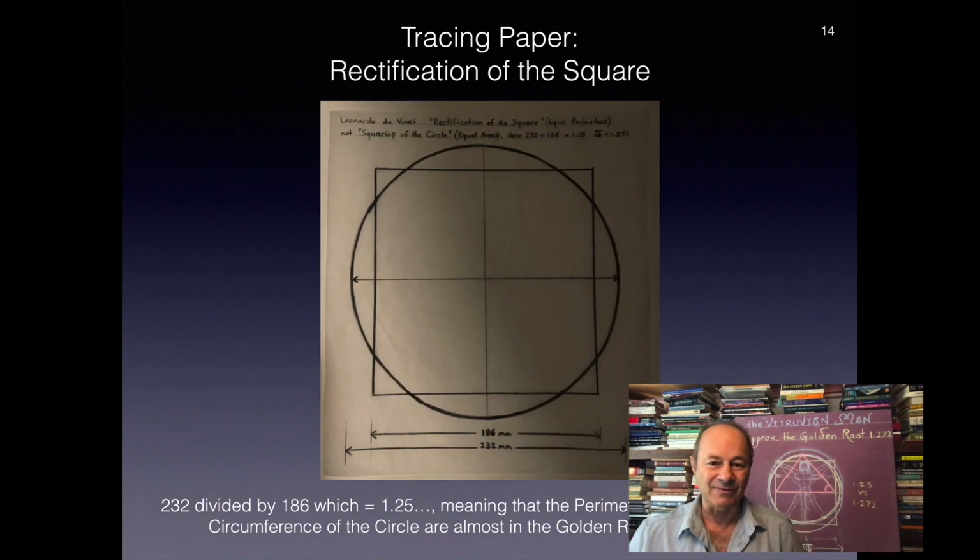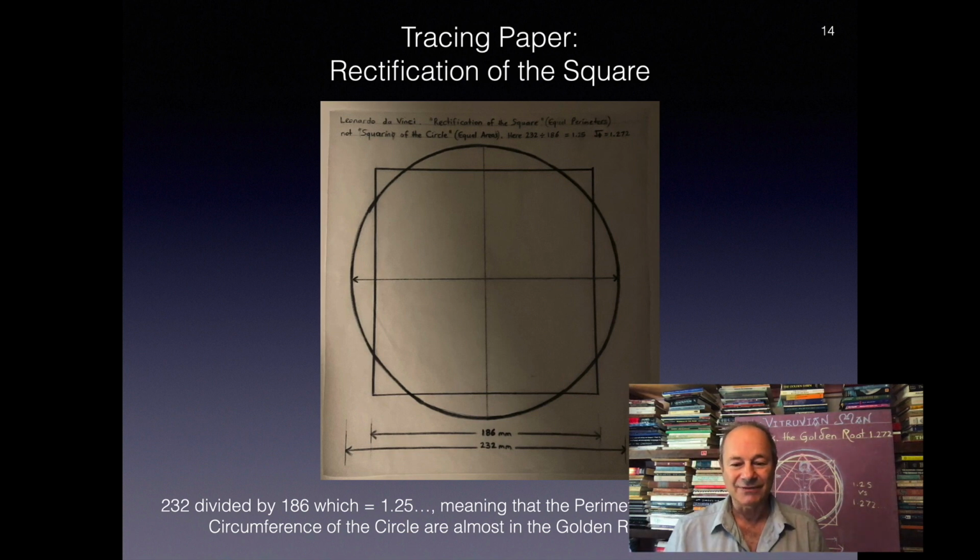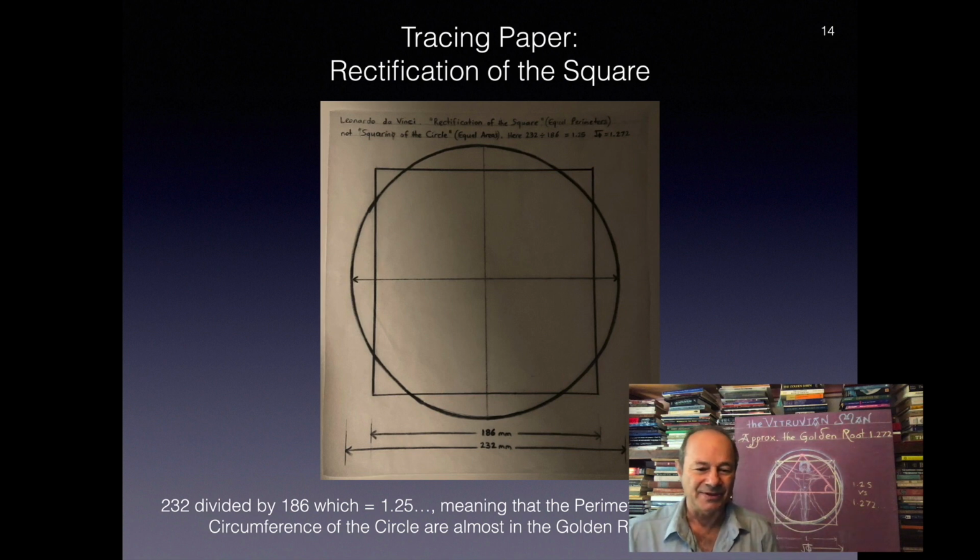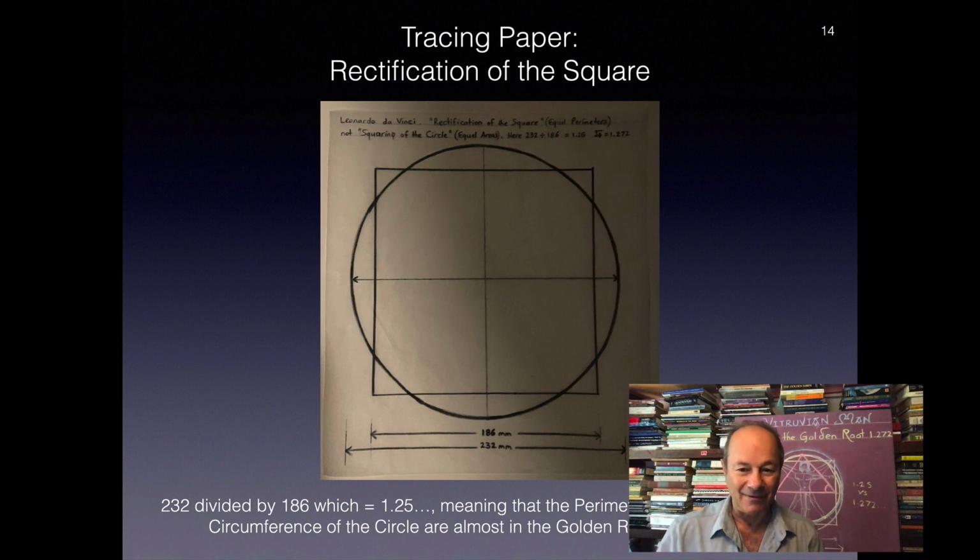So I started off with some tracing paper and allowing just for the thickness of a pencil, you can see that there's going to be a slight error. And we already know that all the pyramid angles are encoded in this. So when I measure this in millimeters, according to my tracing paper, we have the square edge is 186 millimeters and the diameter of the circle that rectifies the square is 232.